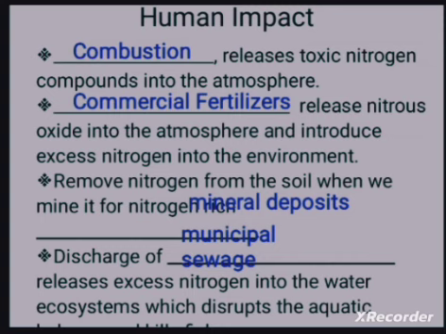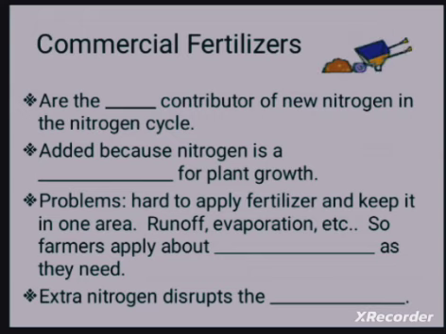Commercial fertilizer releases nitrogen oxide into the atmosphere and introduces excess nitrogen into the environment, removes nitrogen from the soil, and forms nitrogen-rich mineral deposition. Municipal waste discharge also releases nitrogen.